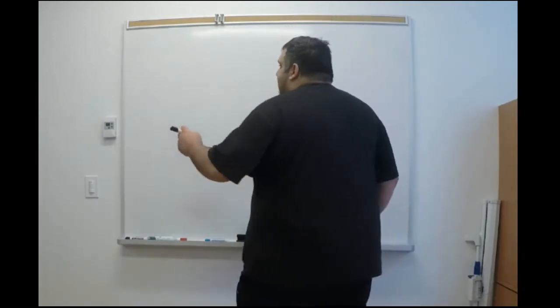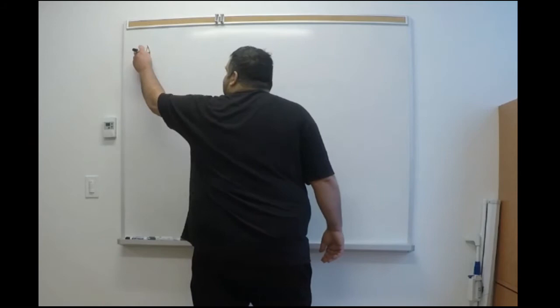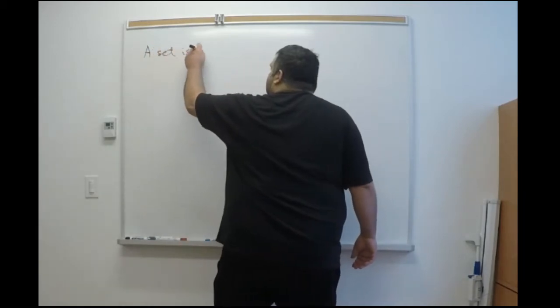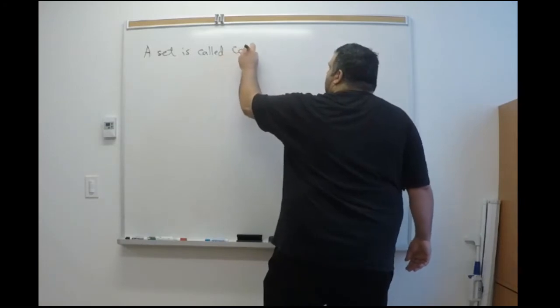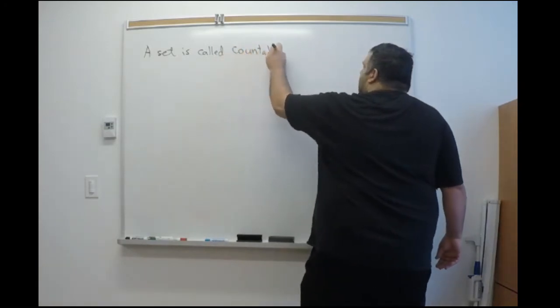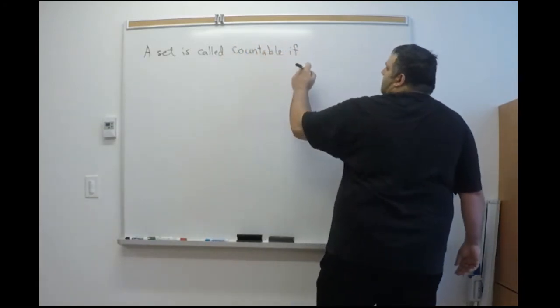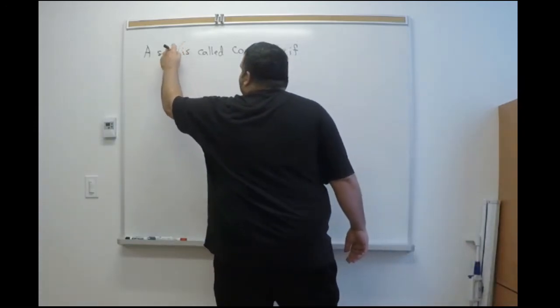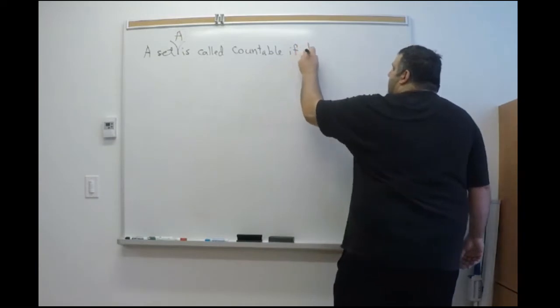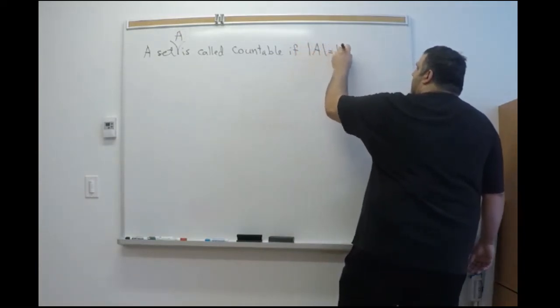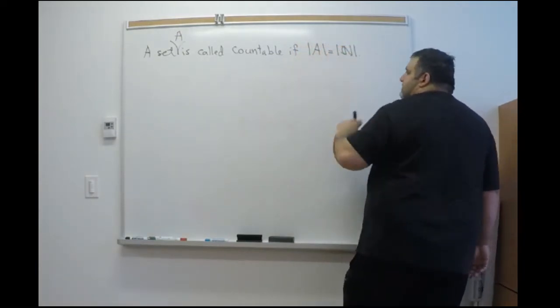Okay, so one thing that you should realize is that a set is called countable if, by the way, a set, I'll say A, is called countable if the cardinality of A equals the cardinality of the natural numbers.